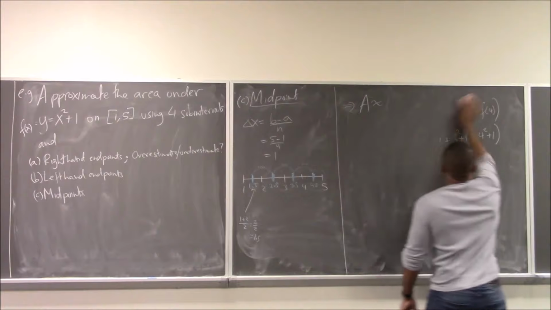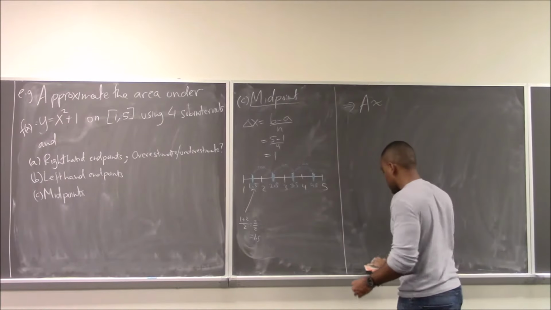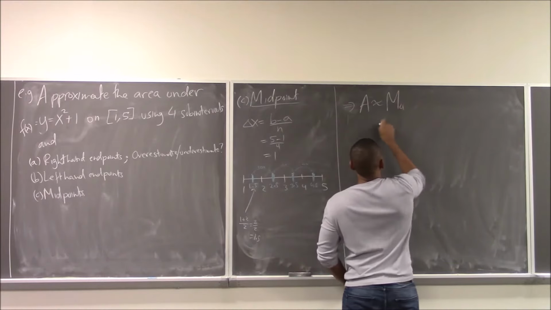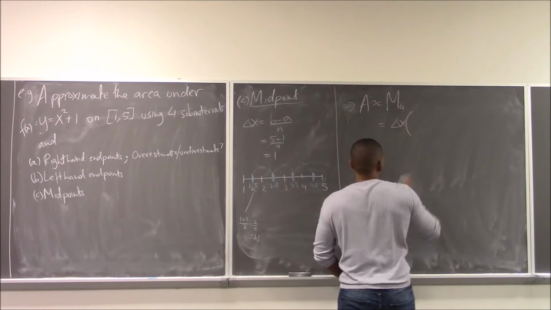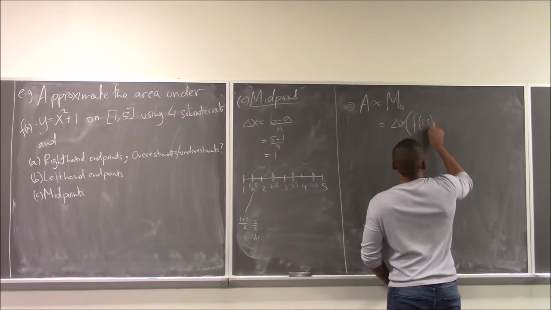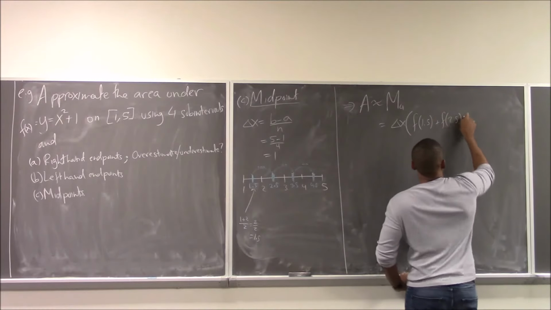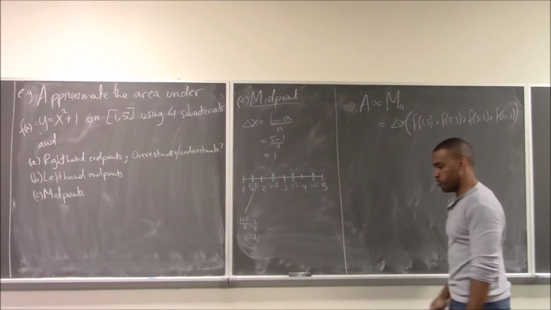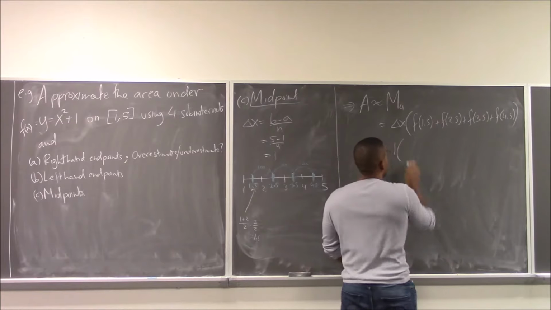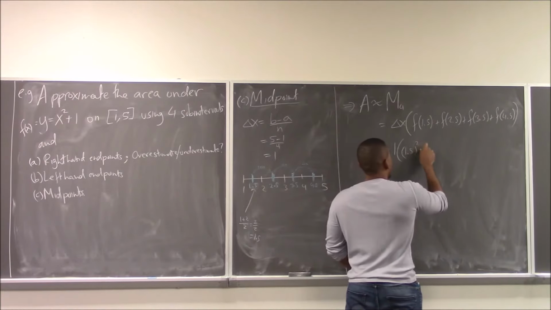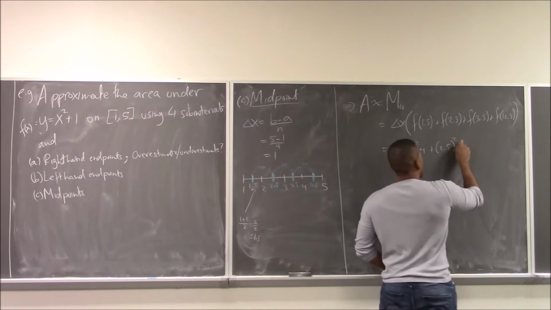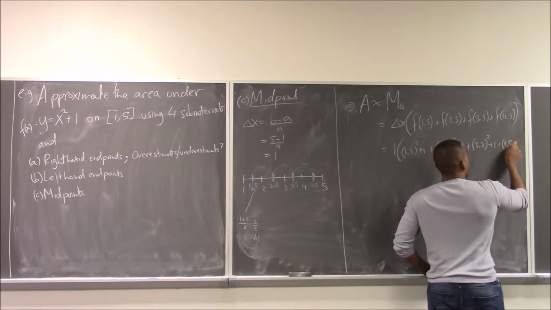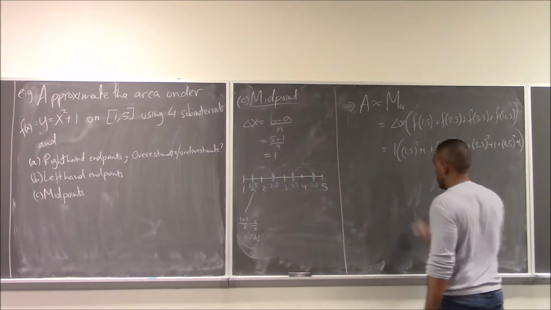And so my area will be approximately M4, which is delta x times 1.5 squared plus 1 plus 2.5 squared plus 1 plus 3.5 squared plus 1 plus 4.5 squared plus 1. And that is correct.